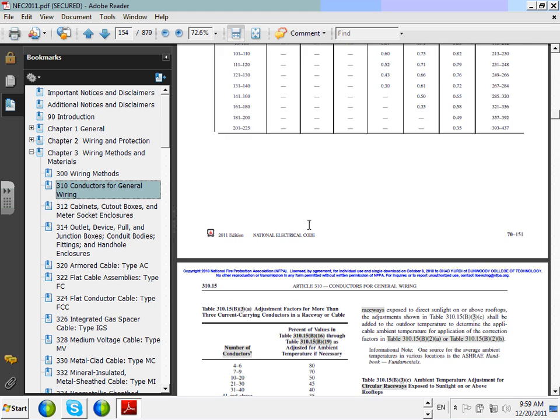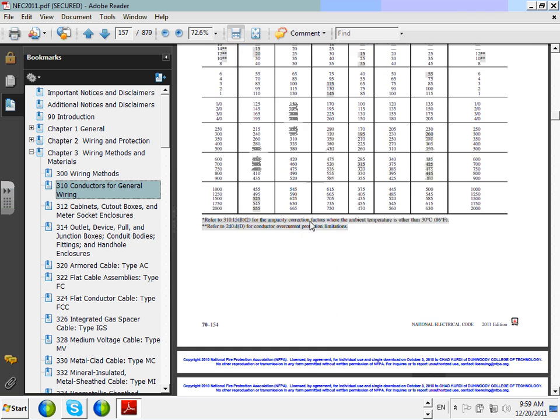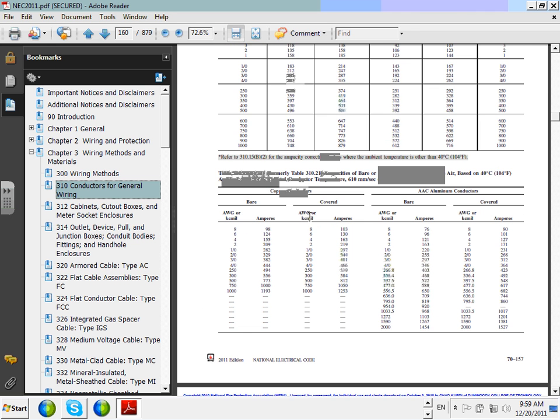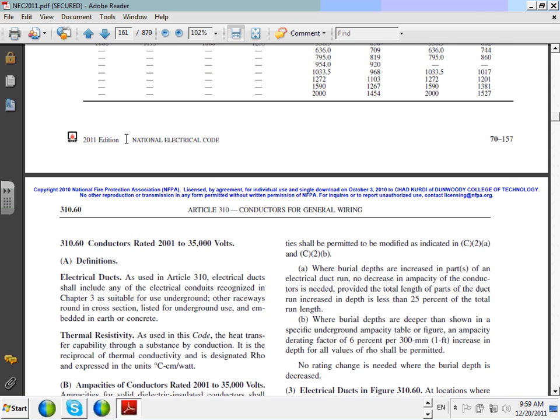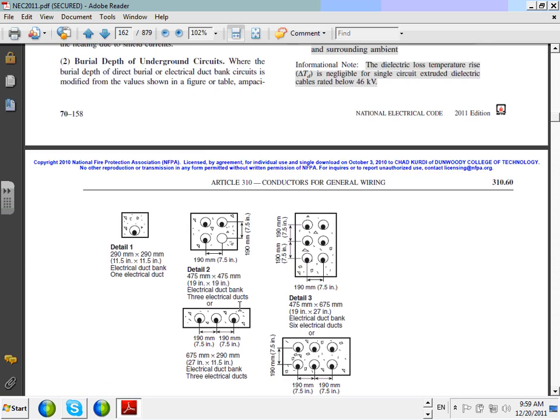I know few of you have used these tables, but in the back of your book, this is where you size conductors higher than 2000 volts, right in here. 310.60. That's where you size conductors for high voltage.